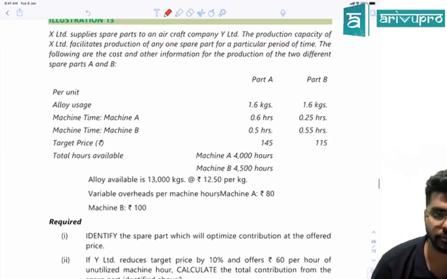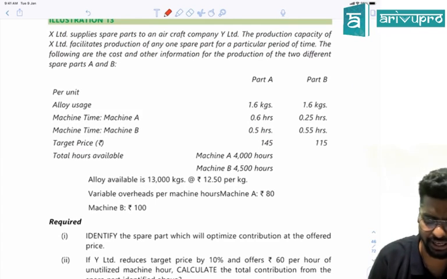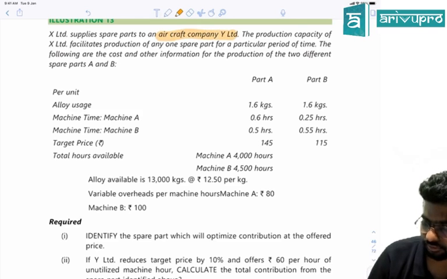Guys, see this question. X Limited supplies spare parts to an aircraft company. Now see here.